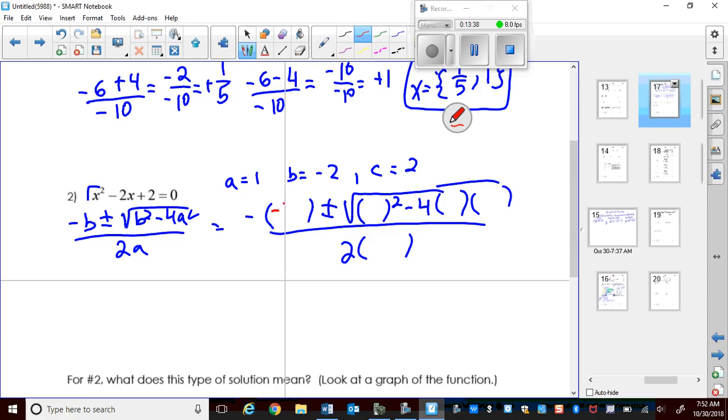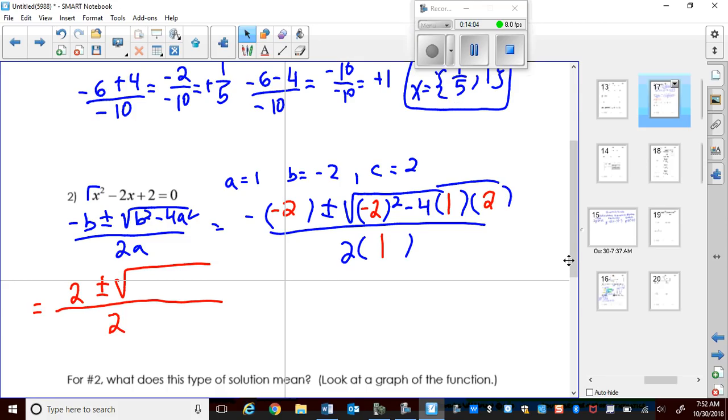I get negative negative 2 here, negative 2, 4 times a times c, and 2 times a on the bottom. So simplifying, I get positive 2 plus or minus the square root of, 2 times 1 is 2.